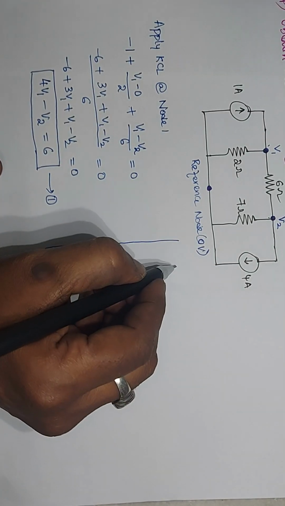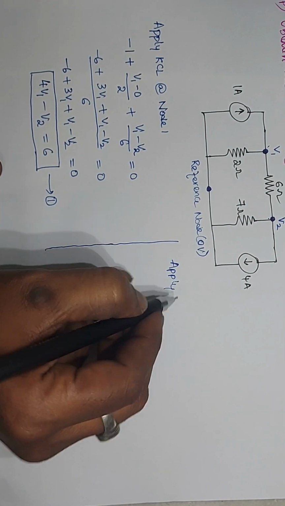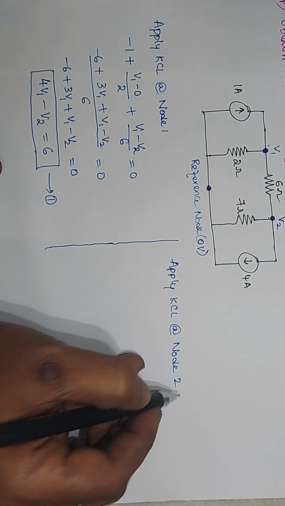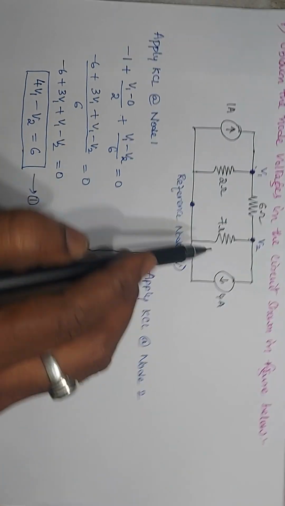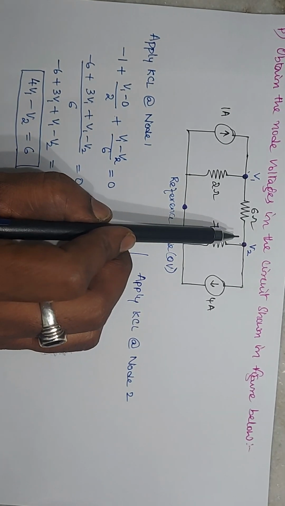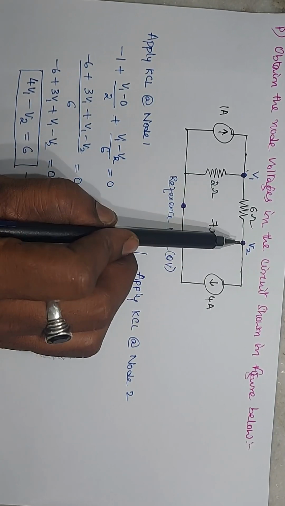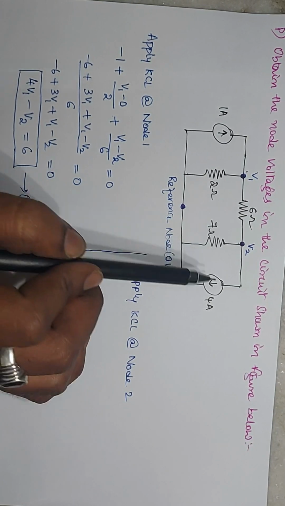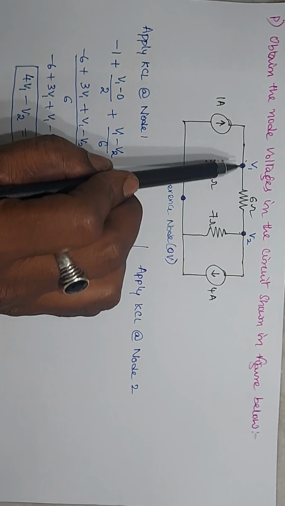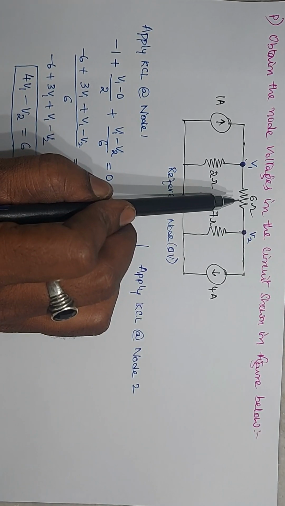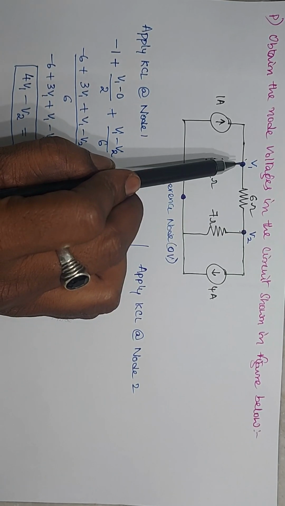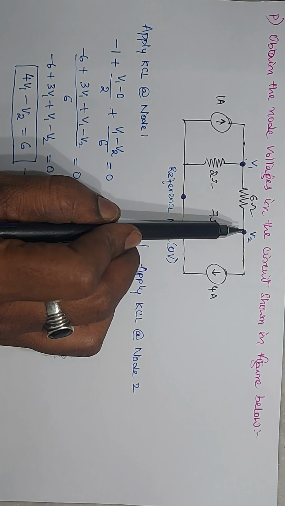Similarly, apply KCL at node 2. Again, you have to identify what branches are connected here. At this node, a 6 ohm resistor is there, a 7 ohm resistor is there, and this 4 ampere current source is there. Clear? What is the current in this 6 ohm resistor? In the same manner, the 6 ohm resistor has two ends, one connected to V1 potential, another to V2 potential.